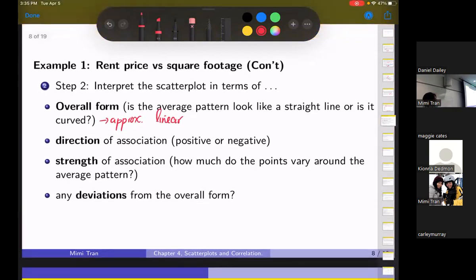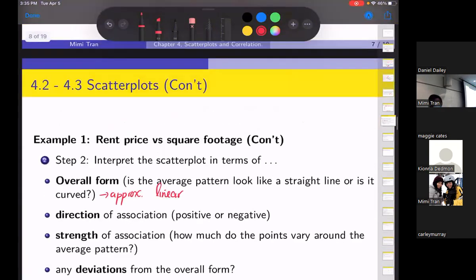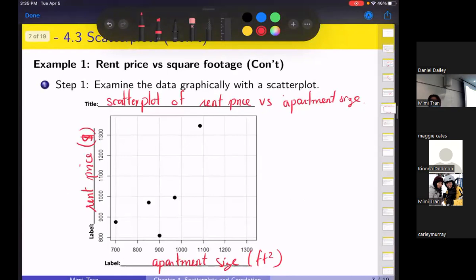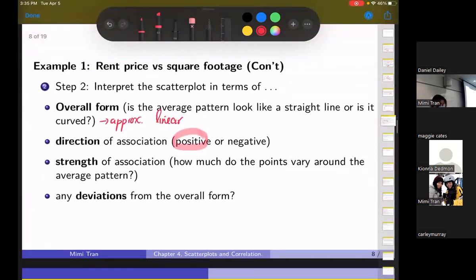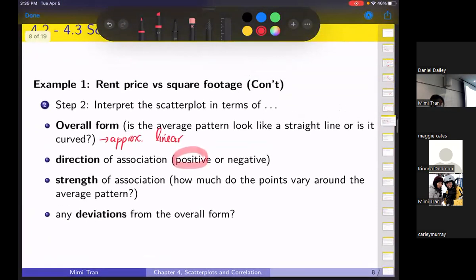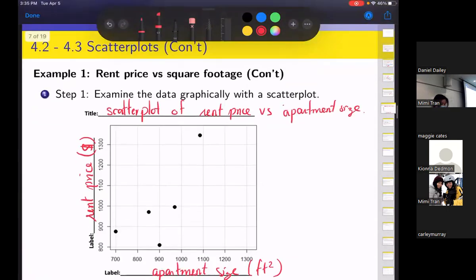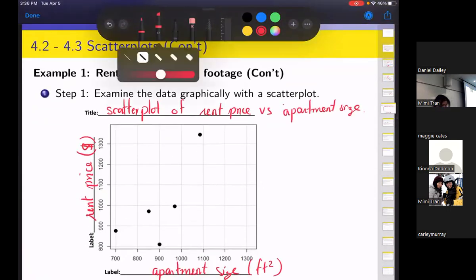Direction, is it increasing or decreasing? Increasing means positive, decreasing means negative. What do you think? Yeah, positive. Strength, I mean, how much do the points vary around the average pattern? So say I draw a best fit line here.